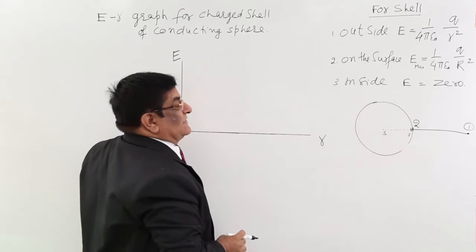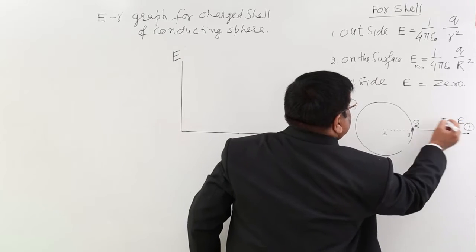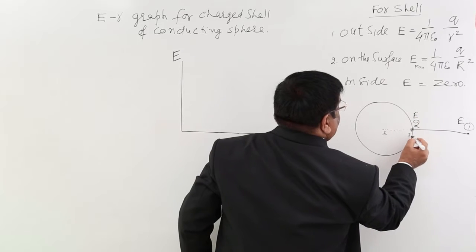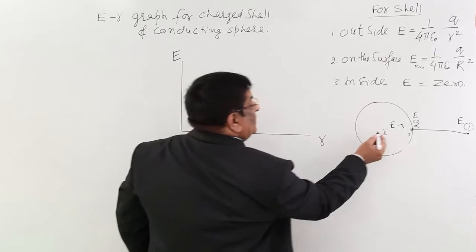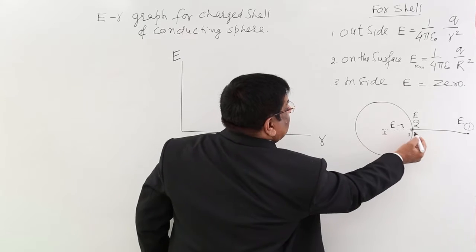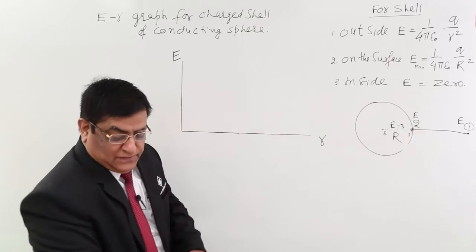Now how do we represent it? Here this is E1, this is E2, and from this to this E3. See, if I go backward from the center up to the distance r, the electric field always remains 0.